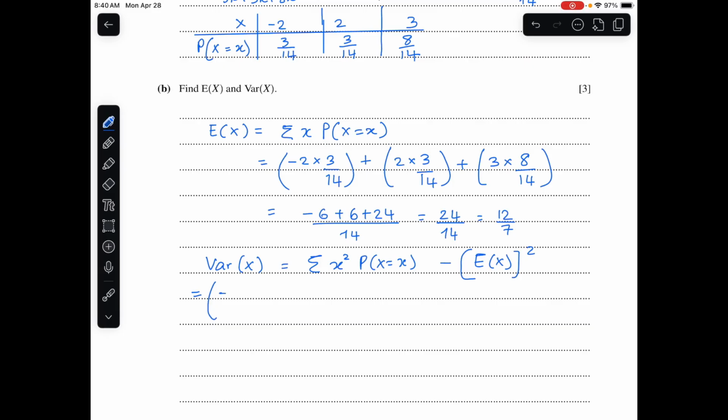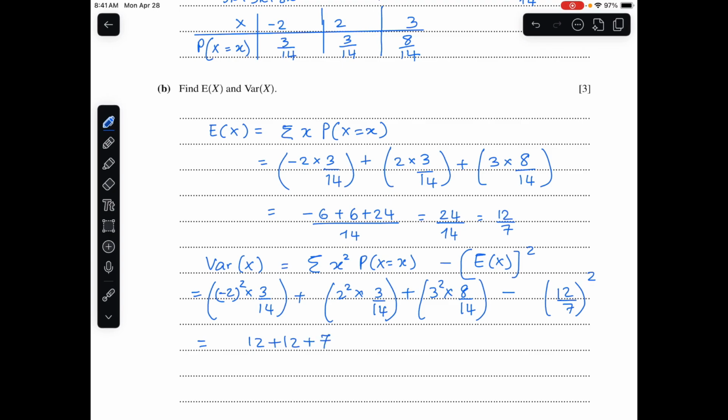So the square of -2 times the probability, then 2 squared times the probability plus 3 squared times the probability, minus 12 over 7 squared. That gives me 4 times 3, which is 12, plus 12 plus 9 times 8, which is 72, over 14 minus 12 over 7 squared. Let us evaluate that. That gives me 3.92.